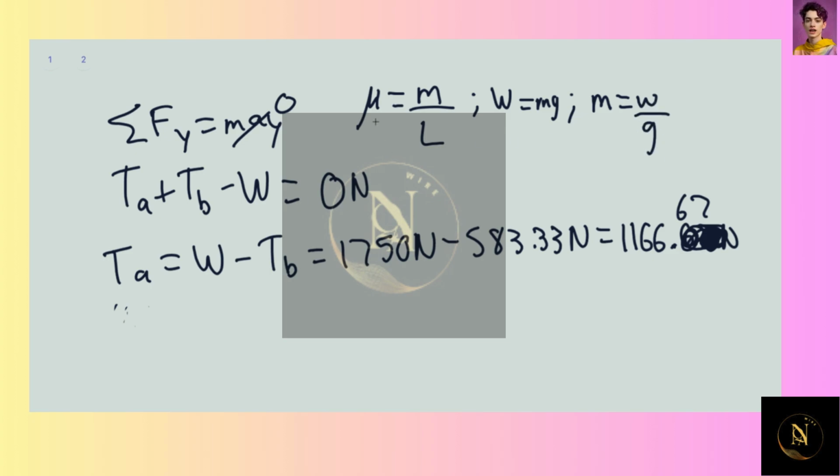Again, we're trying to find the linear density of the wire. We know that v is equal to the square root of the force tension over mu, and we're trying to find the delay. Remember, don't get lost as to what we're trying to find. We're trying to find the delay.